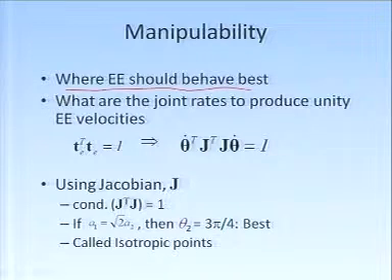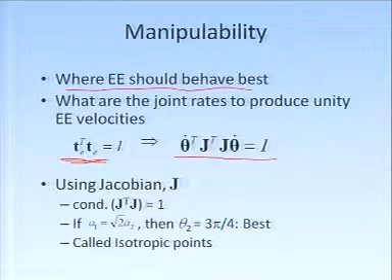A good manipulability of a robot will tell that these are the areas where the end effector will behave best. This can be obtained by forming this kind of relation: twist of the end effector transpose, twist meaning velocities, transpose velocity equal to 1 will give me an equation of an ellipse.